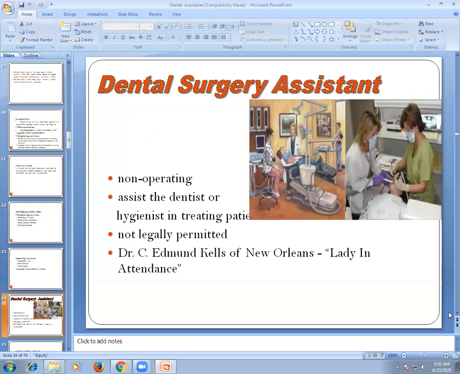Now coming to the non-operating, first is the dental surgery assistant.